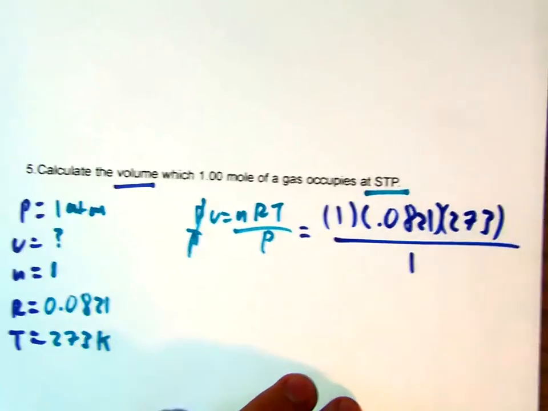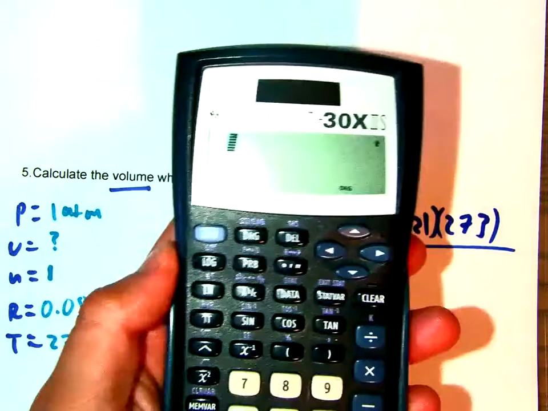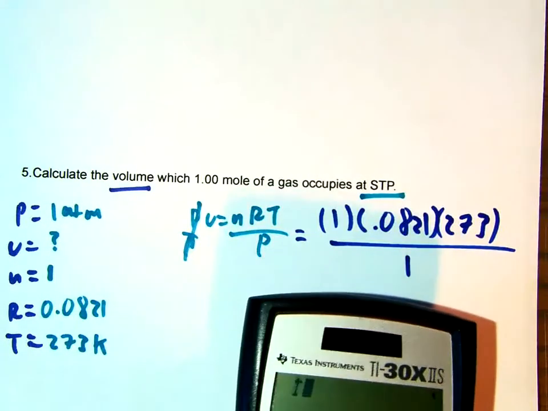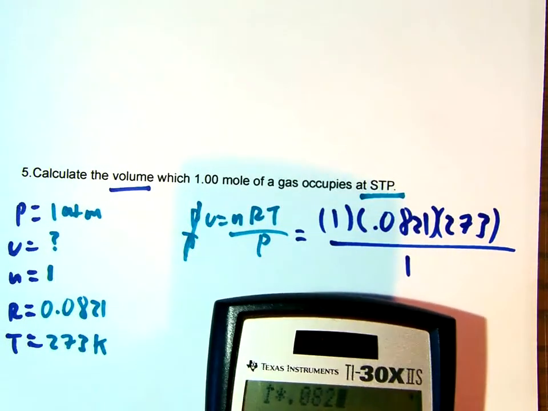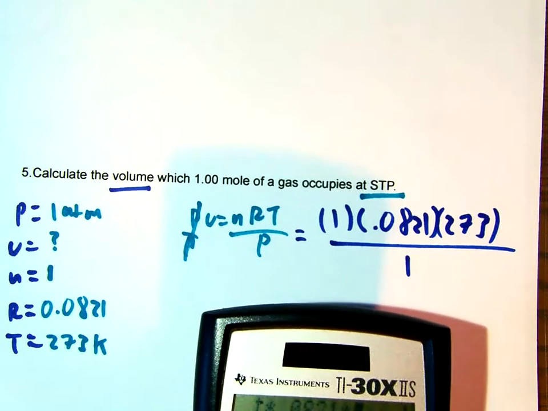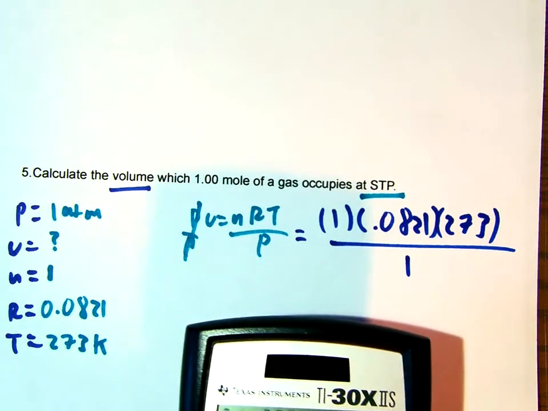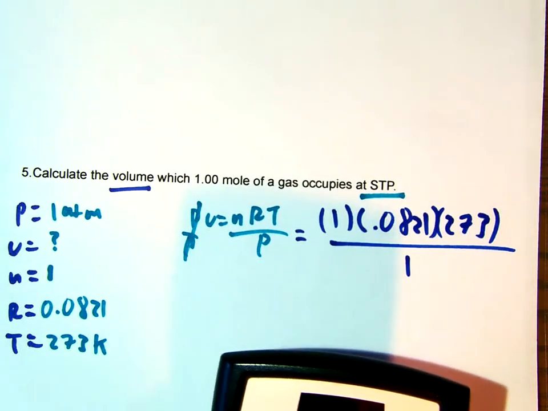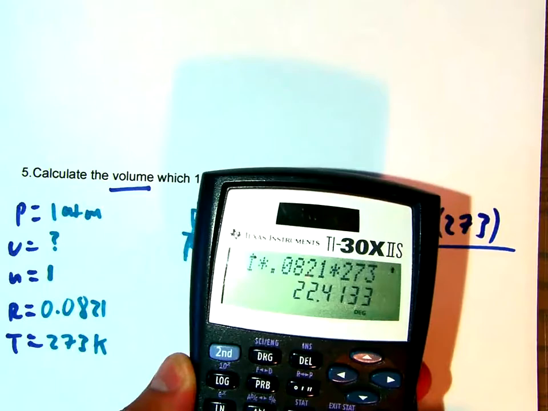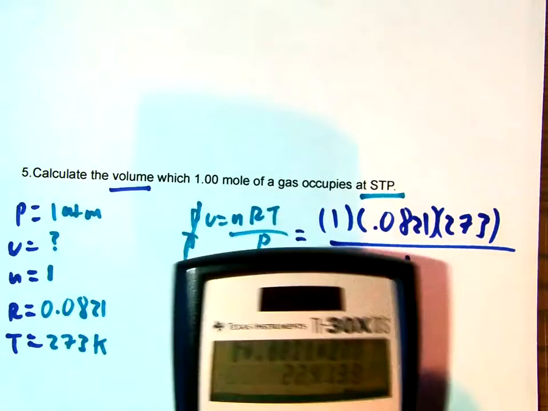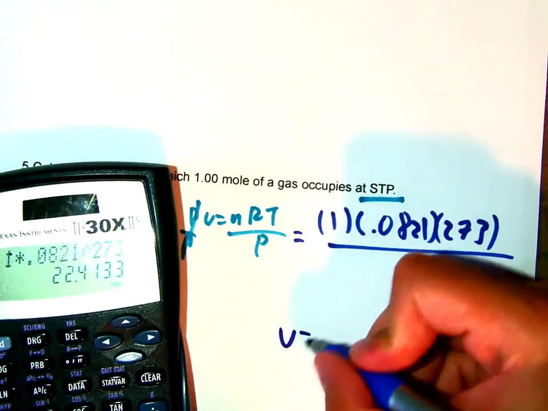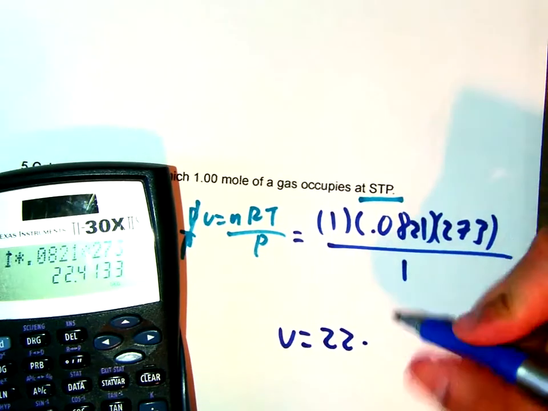That's pretty easy, right? So then we just go 1 times 0.0821 times 273 equals, I get 22.4. Divided by 1 would be the same answer. So my volume equals 22.4.